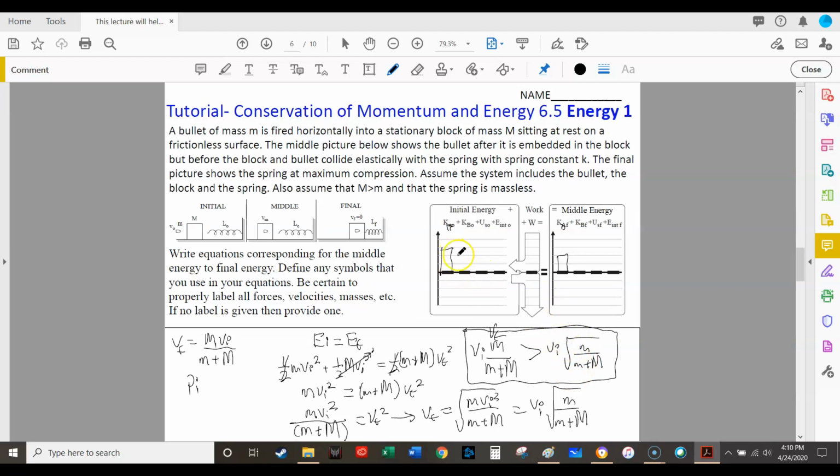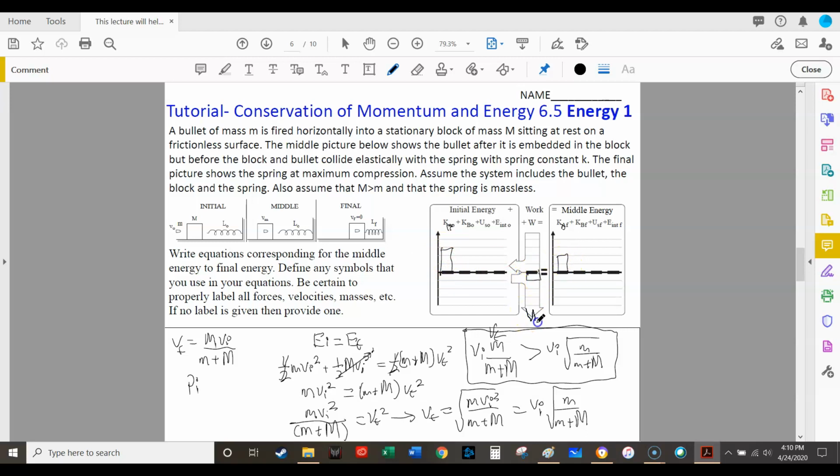So that means we've lost energy. If it started out with 3 blocks and now it has 1 block, and it hasn't even touched the spring yet, that means energy had to have left the system, right? 3 blocks of energy minus 1 block is equal to 2 blocks.